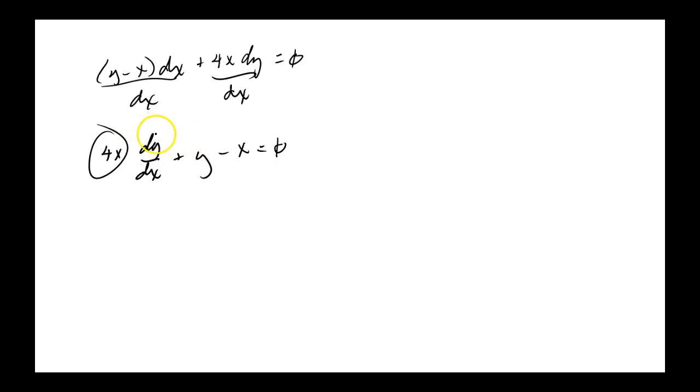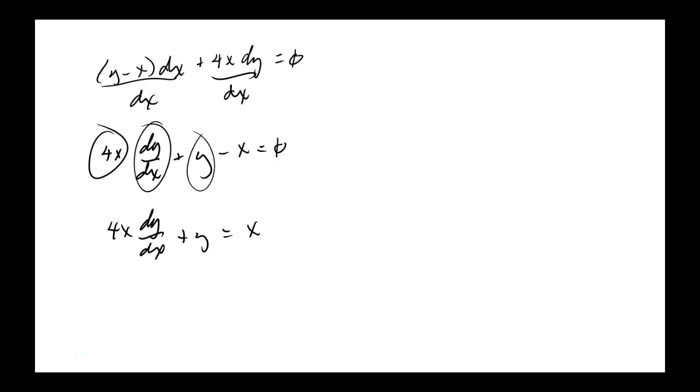This one here is just to the first power. The y's to the first power, its coefficient is 1, which is perfectly fine. And then you could move this to the other side: 4x dy/dx plus y is equal to x. There it is. The right-hand side is only functions of x. The y's and derivatives of y are only to the first power, and the coefficients here could have x's in them or constants. So yeah, that's a linear function.